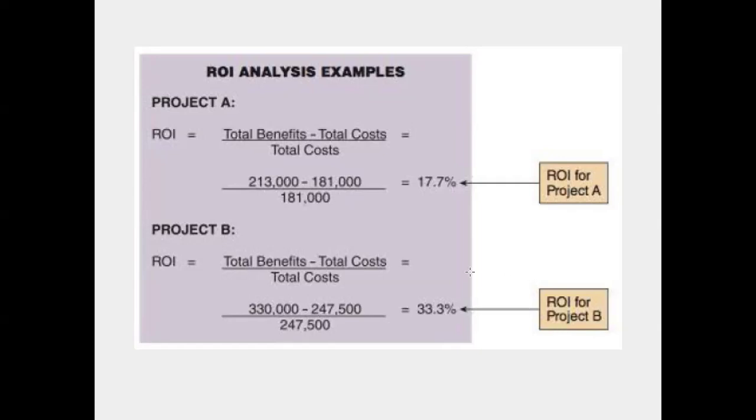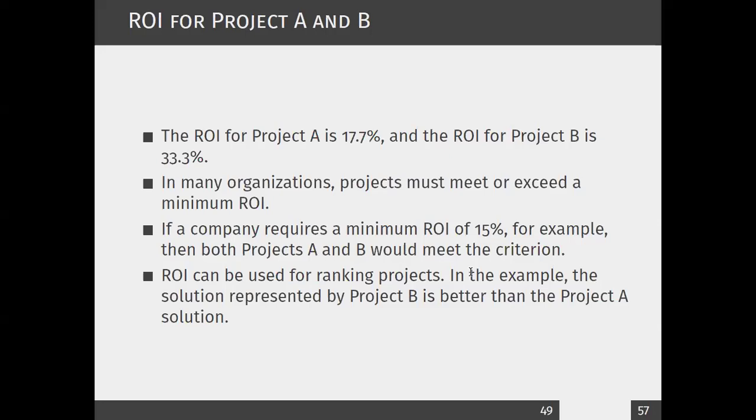But remember, the analysis is slightly different. When we want to analyze these amounts, usually we will specify a minimum ROI. That means they will say we have to have at least 15% ROI.